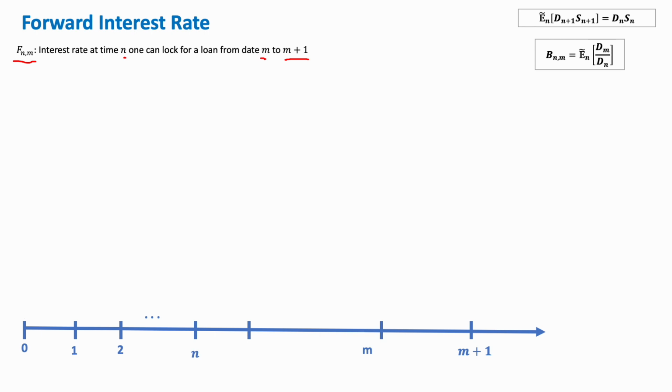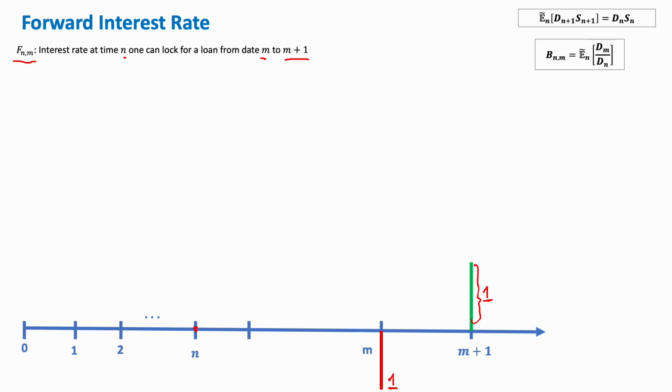Let's say we're standing at time n, and we want to enter into a contract such that at time m, we are lending someone $1. And then at time m plus 1, we're of course getting back our $1.